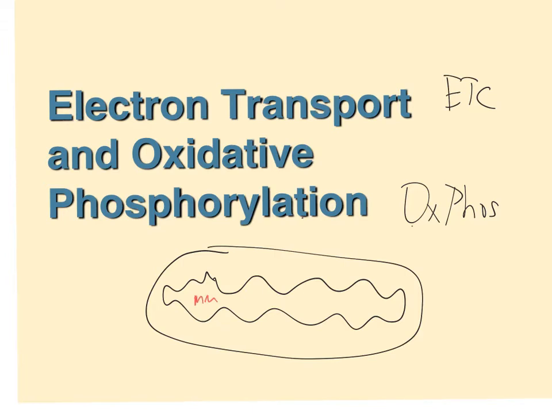Part of it does occur there, part of it does occur in the inner membrane, and then there is one role in this portion right there. What is that called? That's the inner membrane space, so the IMS.